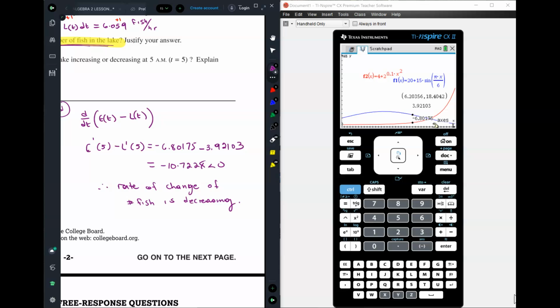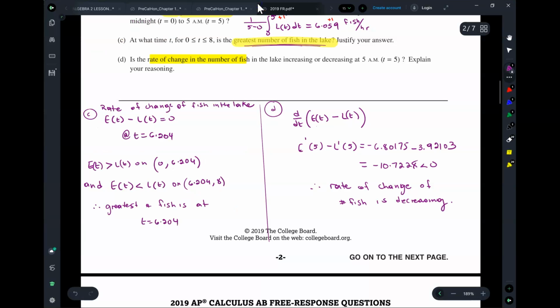Because remember, E of t is a rate, and L of t is a rate. So when you do d/dt of this, this is the rate of the rate. For example, let's say at one point somebody was growing an inch a month.